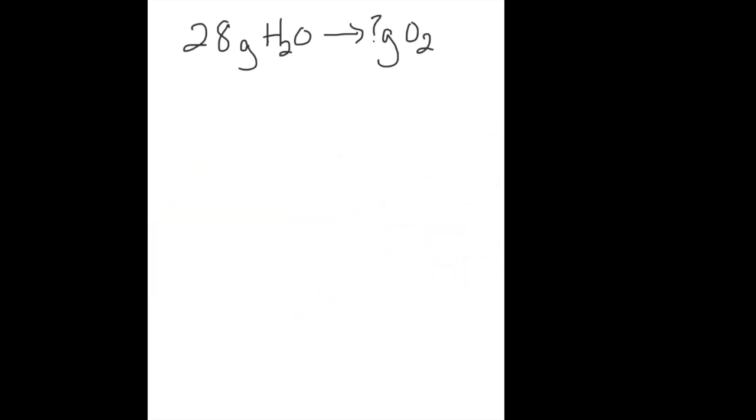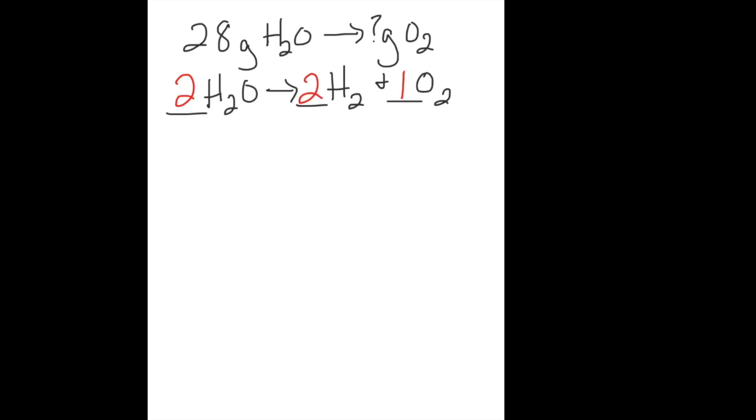So again, I start with my equation, H2O, H2 plus O2. I'm going to put my coefficients up here so I can do my mole to mole calculation. There's my ratio for that. And I'm going to start with what I have.